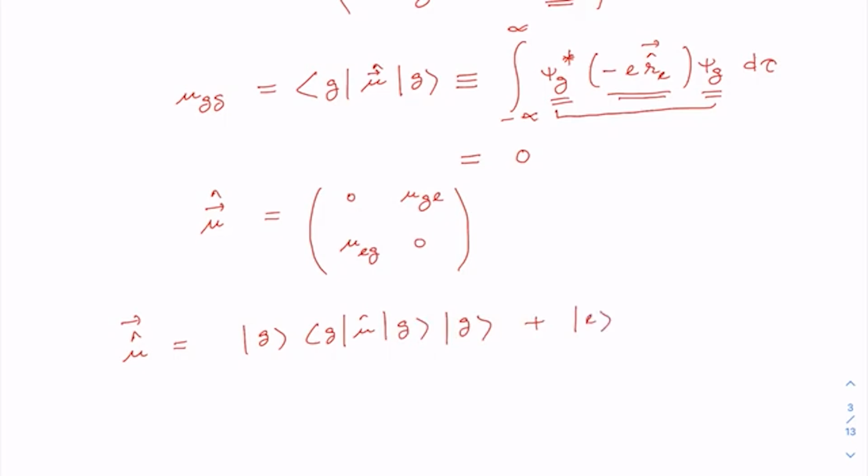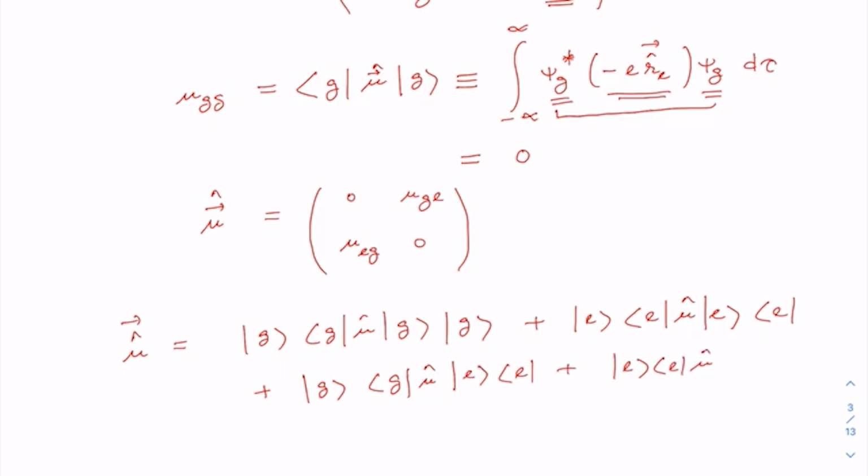And here I have |e⟩⟨e|mu|e⟩⟨e|, then we have plus |g⟩⟨g|mu|e⟩⟨e| plus |e⟩⟨e|mu|g⟩⟨g|.